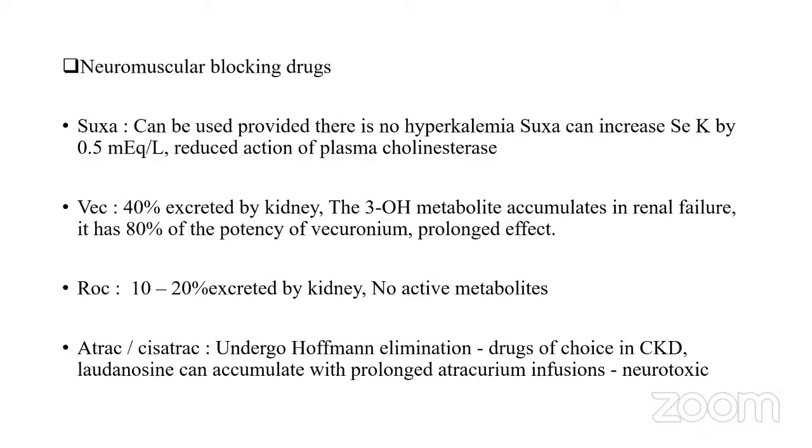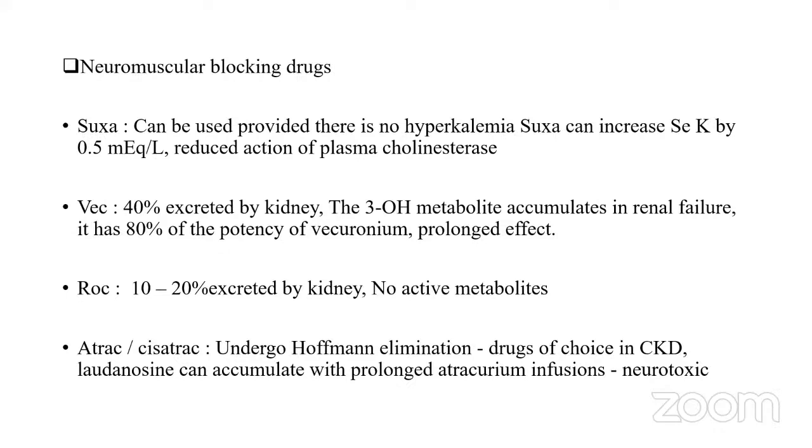Neuromuscular blocking drugs. Succinylcholine can be used provided there is no hyperkalemia. Suxamethonium can increase serum potassium by 0.5 milliequivalent per liter because of the reduced action of plasma cholinesterase. Vecuronium, 40% excreted by the kidney. The 3-hydroxy metabolite accumulates in renal failure. It has 80% of the potency of vecuronium.